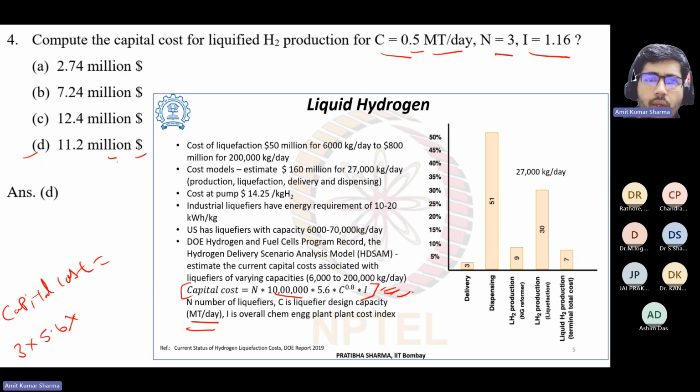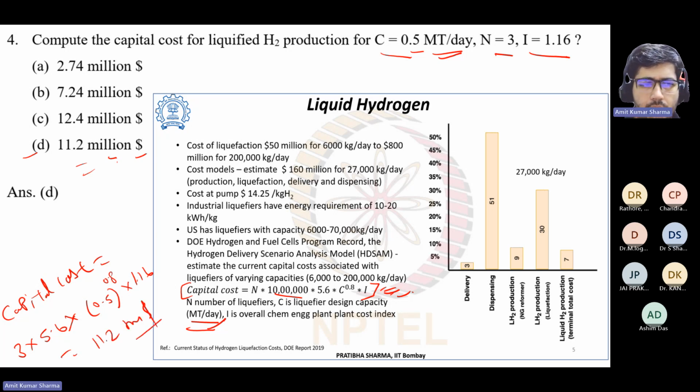So the value of C we have is in MT per day, as per the formula also MT per day, so you can put it directly, multiplied by 1.16. To calculate, you will have 11.2 million dollars.